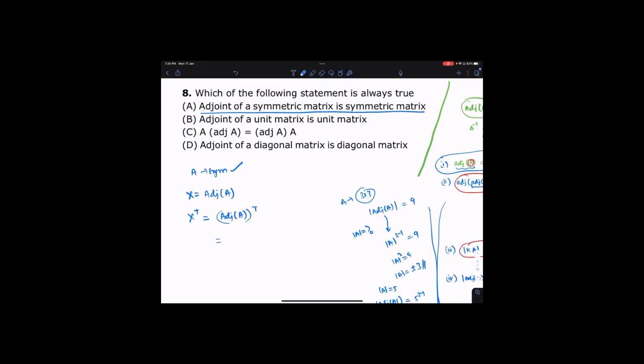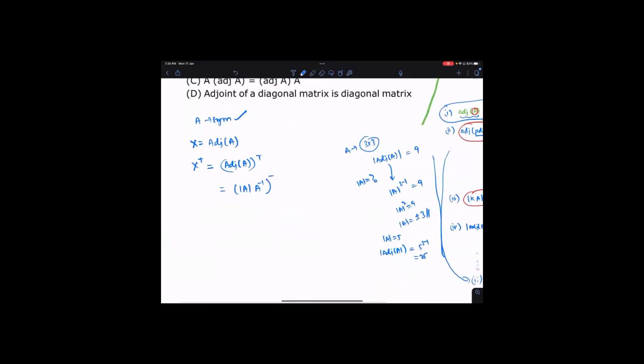What is adjoint of A? Det A into A inverse. Correct? Transpose. Scalar is there, so you can take it outside. A inverse whole transpose. What is A inverse whole transpose? A transpose whole inverse. Already we have seen it. What is A transpose?